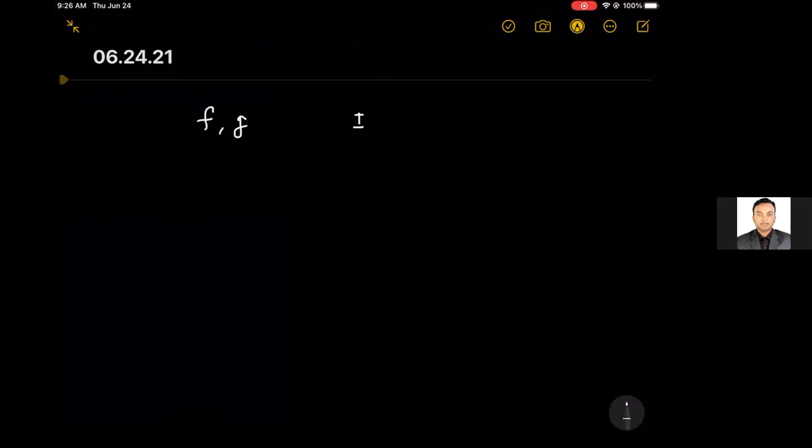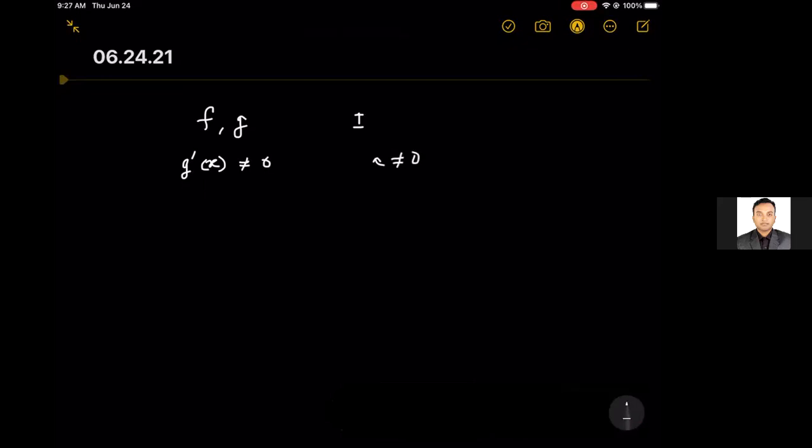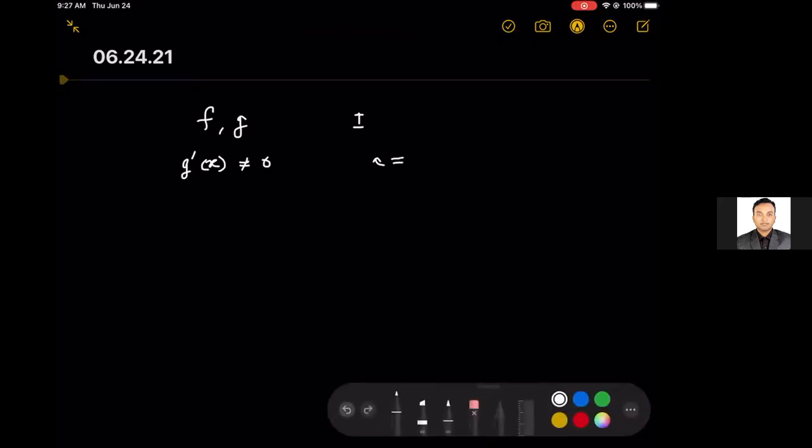So it's saying that your derivative at that non-zero point will be non-zero for the second function. I think it's like that, right? Oh no, it's actually not A. Sorry about that.